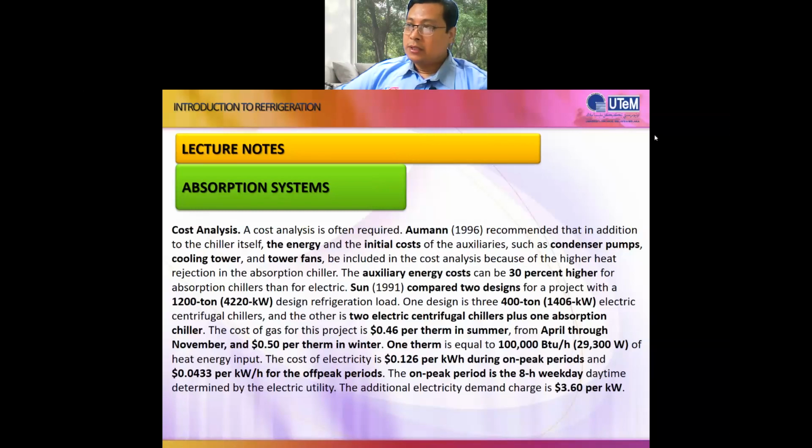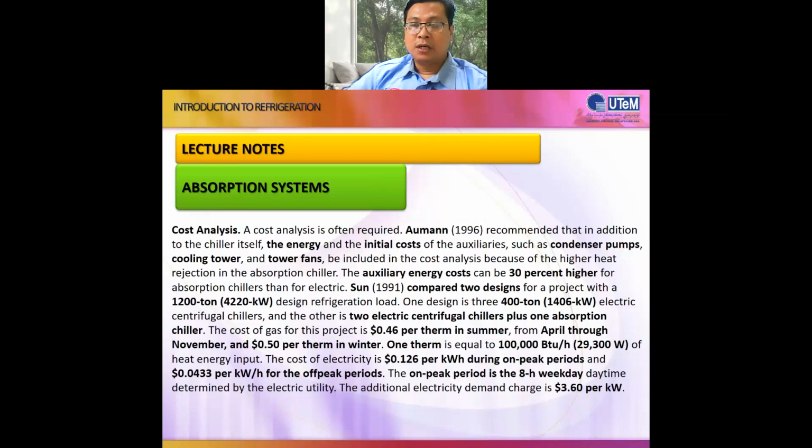Relating to cost, for the absorption system the initial investment will be higher compared to normal refrigeration.